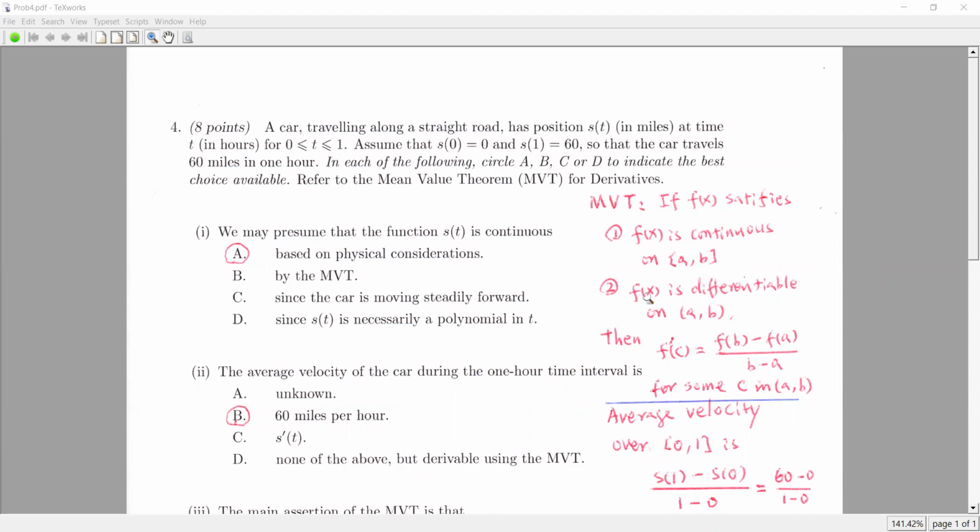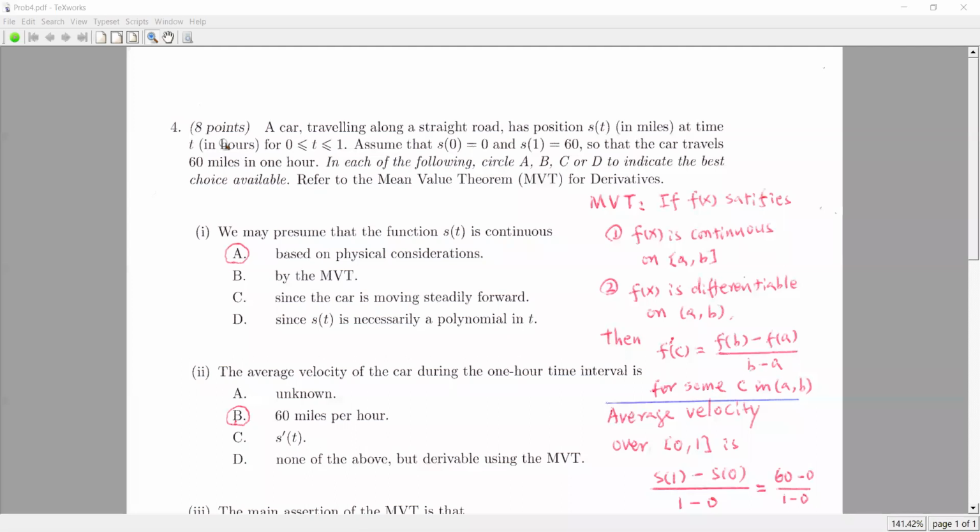Condition 2, the function is differentiable on the open interval AB. Then, conclusion. Between A and B, there must be some point C where the derivative of the function is equal to this number. For details, refer to section 4.2.